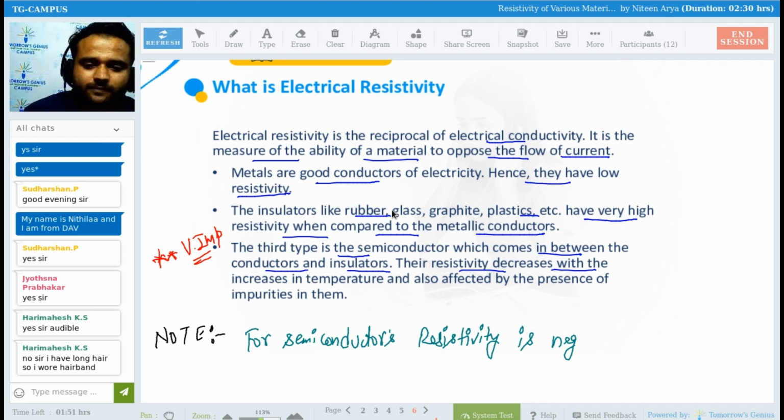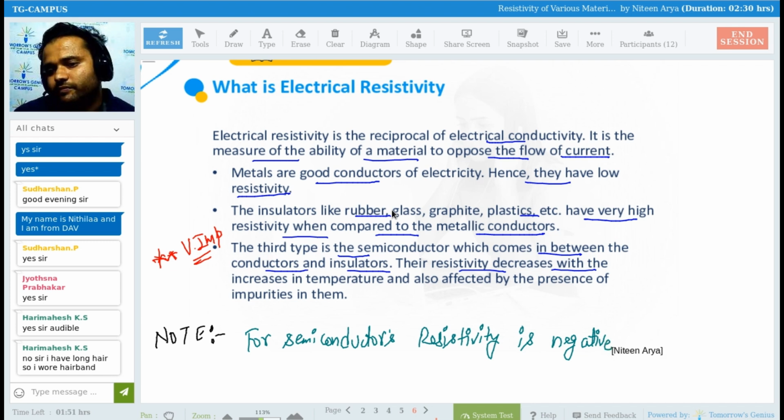For semiconductors, resistivity is not independent of temperature.